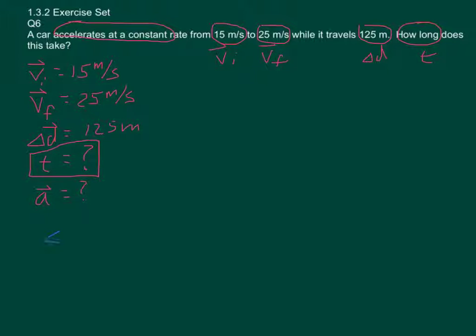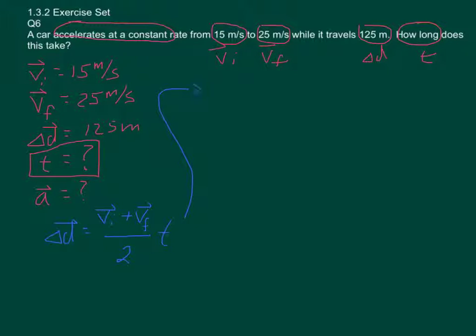We have a displacement formula that says take VI, initial velocity, and add it to your final velocity, divide it by 2, and multiply that whole thing by time. Okay? And we're ready to rock and roll.